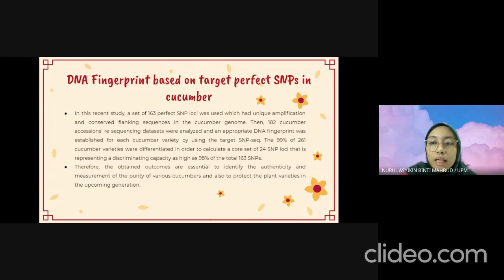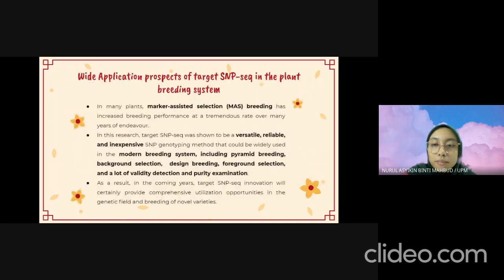Therefore, the obtained outcomes are essential to identify the authenticity and measure the purity of various cucumbers, and also to protect the plant varieties in the upcoming generation.